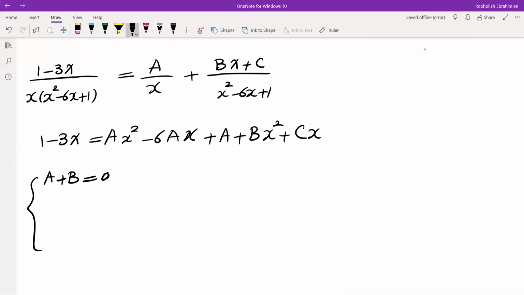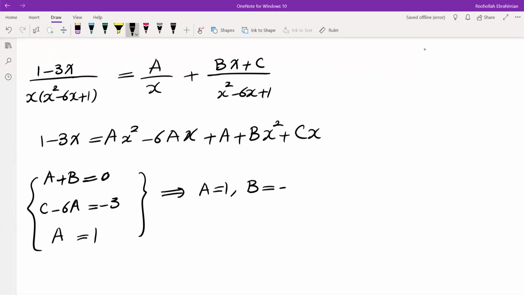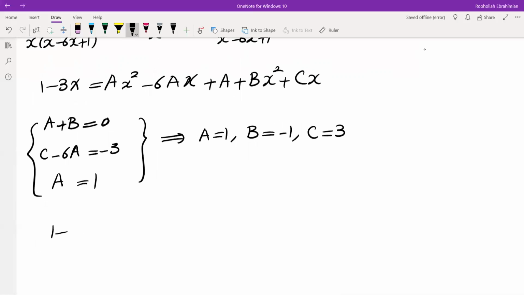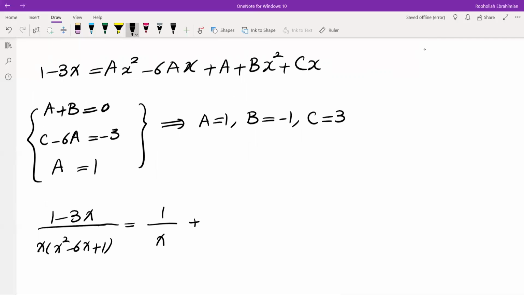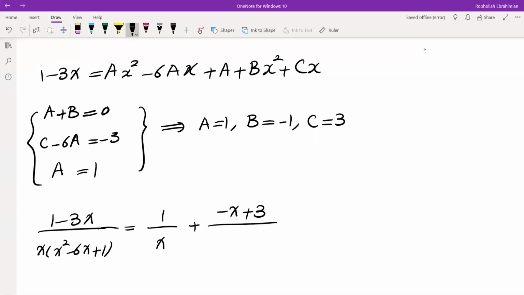Coefficient of x gives you c minus 6a, that is negative 3. And the constant term is a, which is 1. So that gives you a is 1, b is negative 1, and c is 3, which gives you 1 minus 3x over x times x squared minus 6x plus 1 is equal to 1 over x plus negative x plus 3 over x squared minus 6x plus 1.